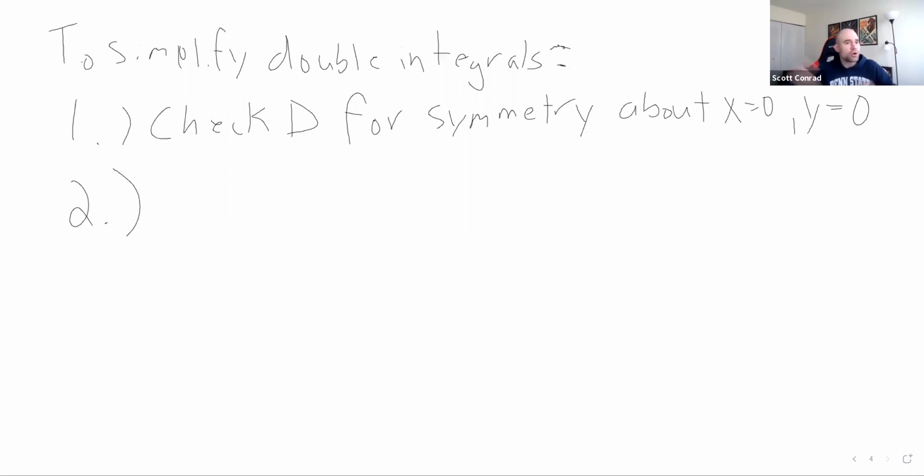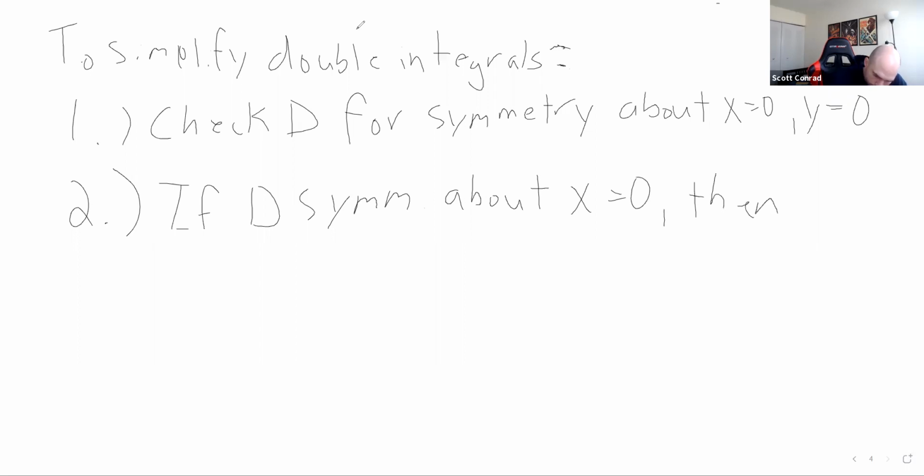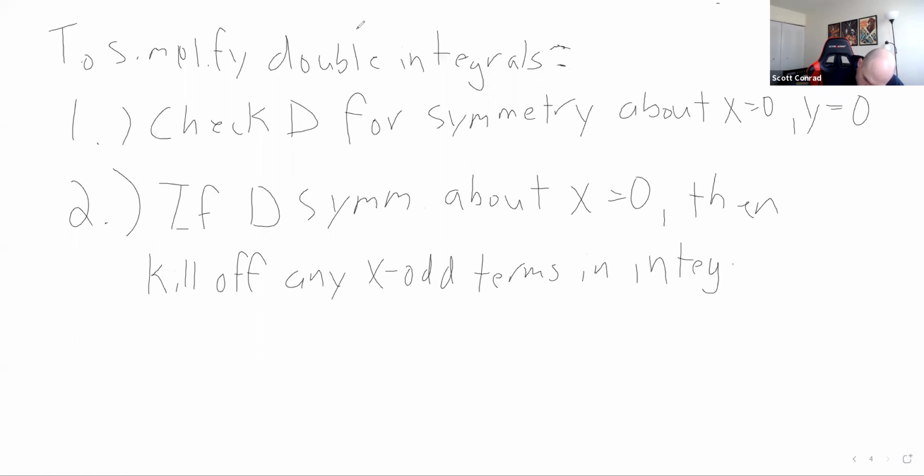And then the next step is we go to our integrand. So if D is symmetrical in the x direction, so about x equals 0, then we're going to kill off any x odd terms in the integrand of our integral.